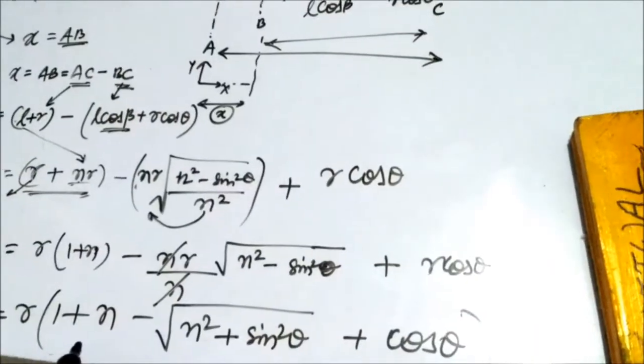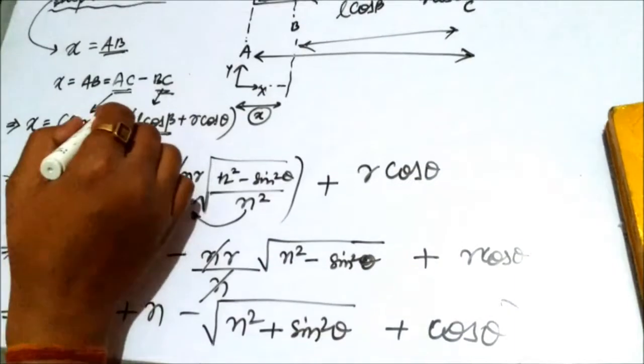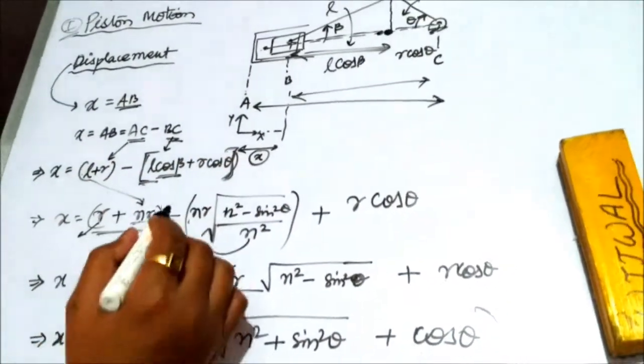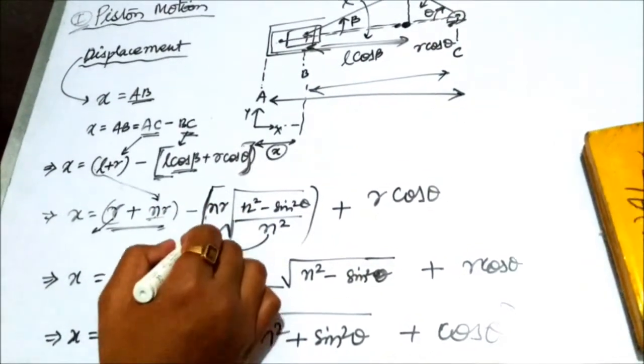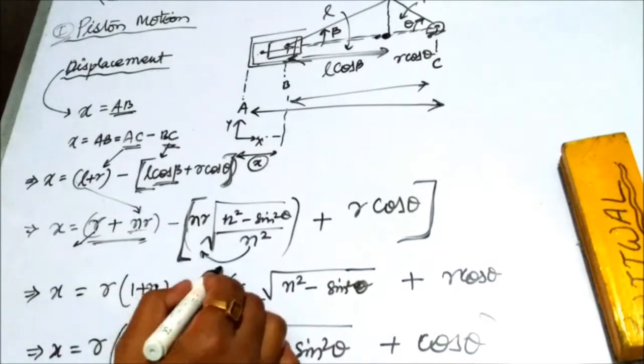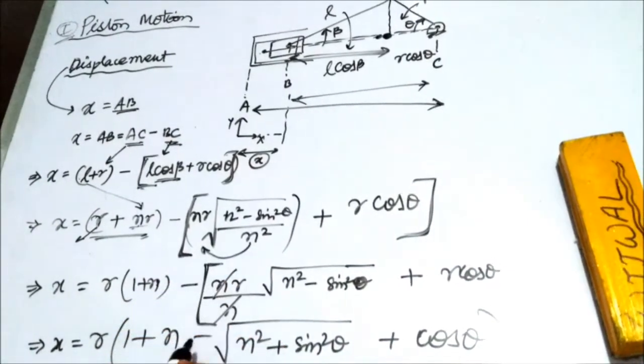Now since we have done something wrong, we should have taken the whole common, so this will be a whole big bracket. Now let us rough the whole thing.